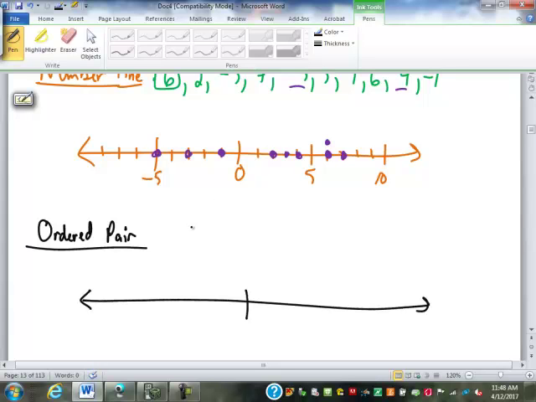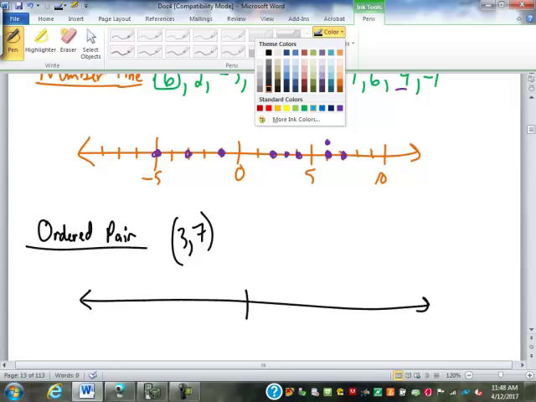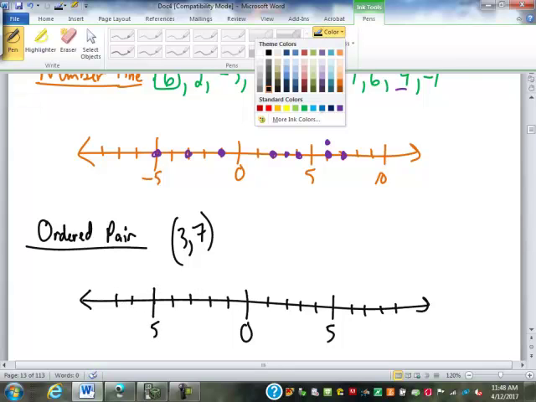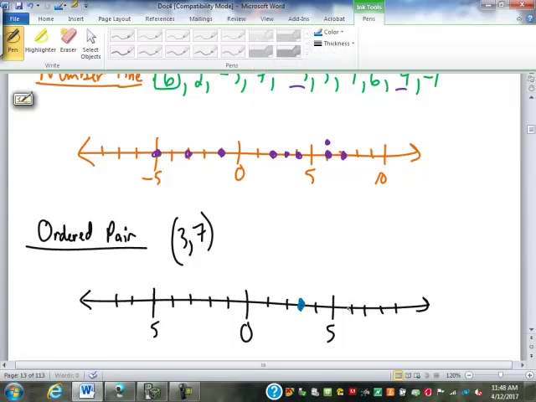So let's say I want to represent the pair of numbers 3, 7. Now you might think it would be easy enough to represent those two numbers on the graph and connect them. But you've got to remember, not only do we have to represent the 3 and the 7, but we have to represent that they're connected.